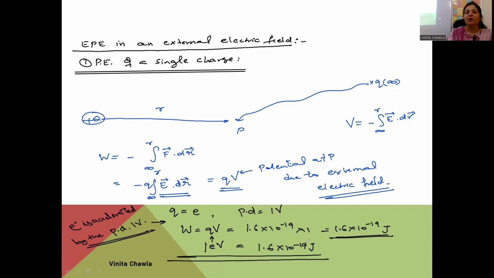What if we have 1 kilo electron volt? 1 kilo electron volt is 10 raised to the power 3 electron volts. What if we have 1 mega electron volt? It's 10 raised to the power 6 electron volts. So we can convert.